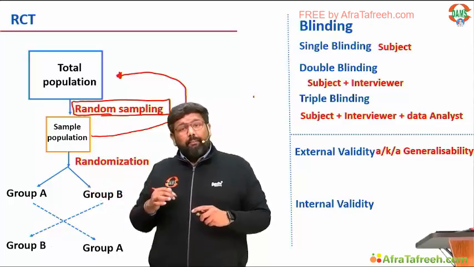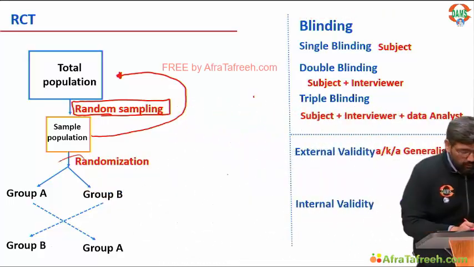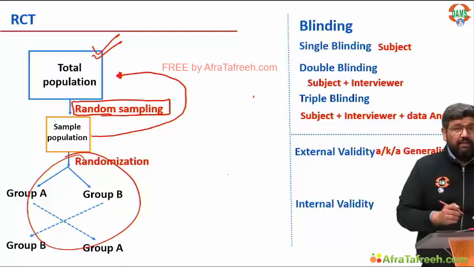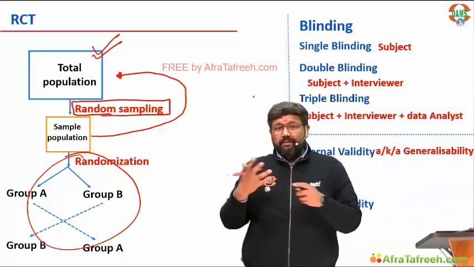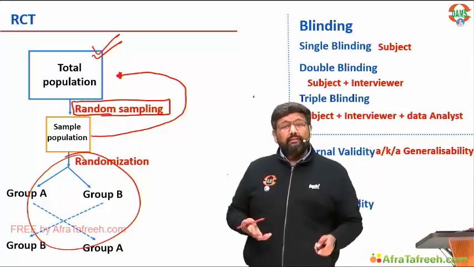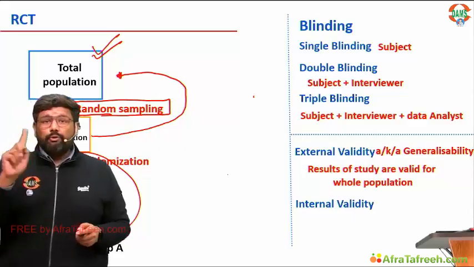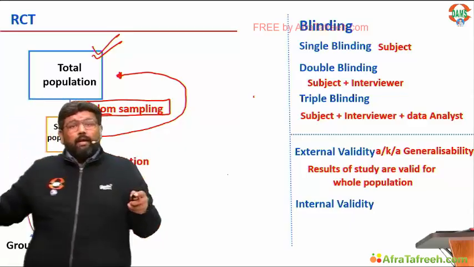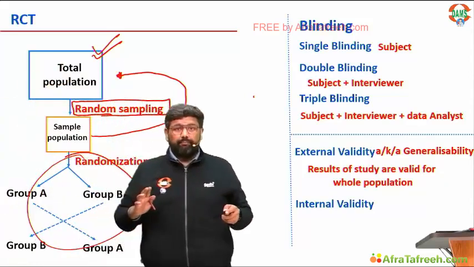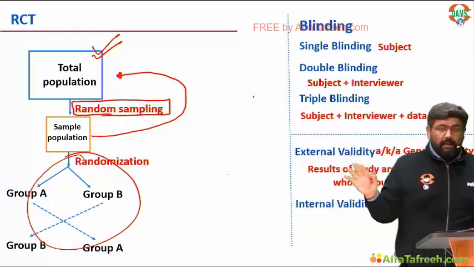If only young people are included, can I apply the result of this study to the whole population? I cannot apply, because the study population and sample population are not same. This is known as external validity. What is external validity? This is also known as generalizability. That means result of the study can be applied to whole population.